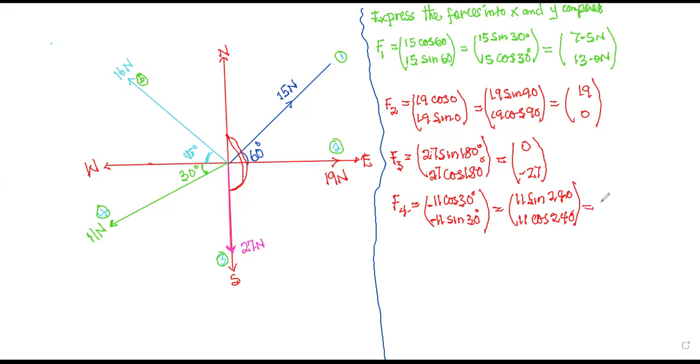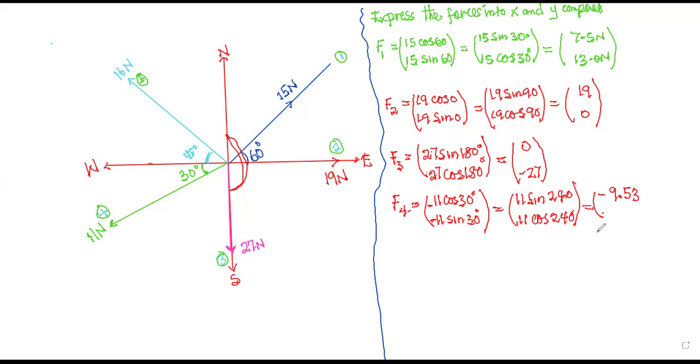Cos 30 is 0.8660. So 11 times 0.8660. Please quickly help me with the values again. 11 times cos 30. 9.53.